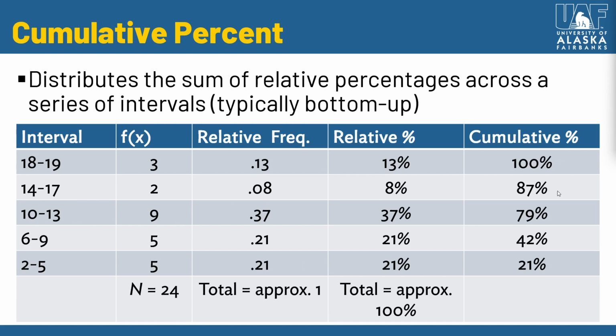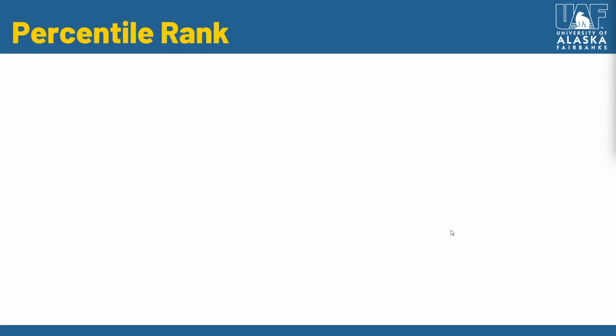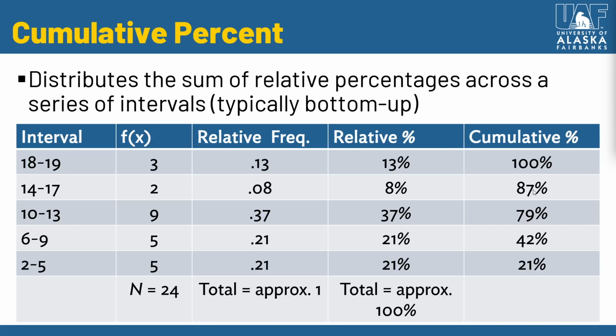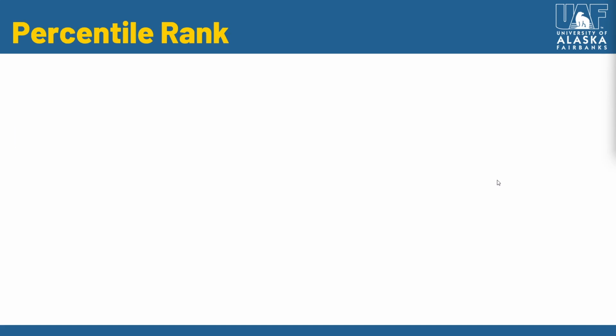And so we know that it's going to be somewhere in this window, right? Because the upper end, 13 miles, was 79% of the sample. 17 miles was 87% of the sample. So it's going to be somewhere between 87 and 79%. So that's the number we need to get precisely.